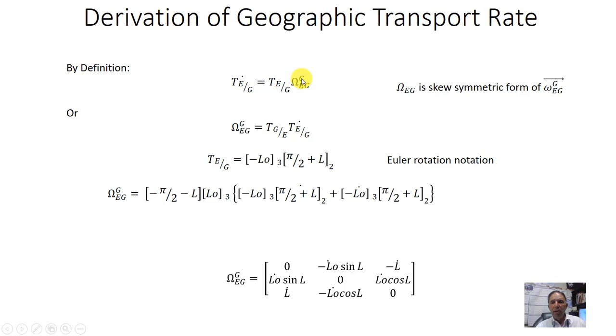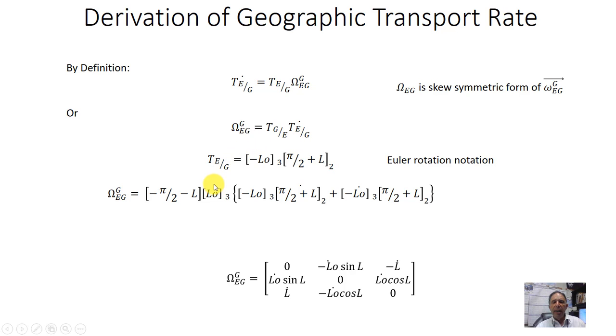Remember that the derivatives of direction cosine matrices have the nice property that they're represented as a vector in effect that has three components. We could then transform this by pre-multiplying by the direction cosine matrix from ECEF to geographic and obtain an expression for the skew symmetric matrix of the angular velocity of the geographic frame with respect to the ECEF frame expressed in geographic coordinates as this expression.